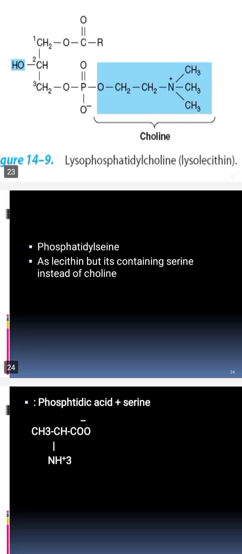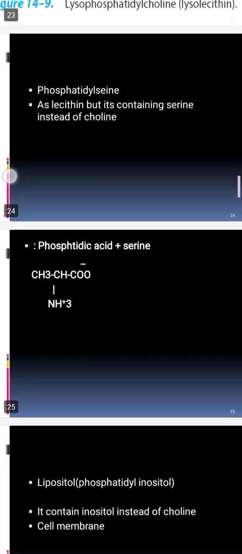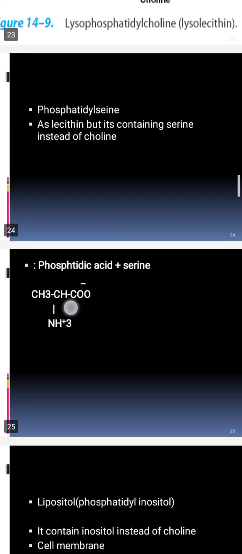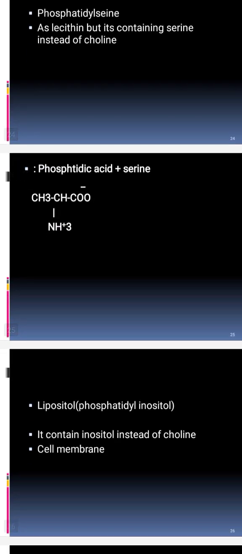There is another type which we can call phosphatidyl serine. Phosphatidyl serine is also like lecithin, but it contains serine instead of choline. Okay, so it contains serine plus phosphatidic acid.